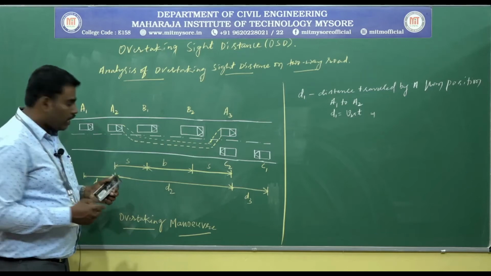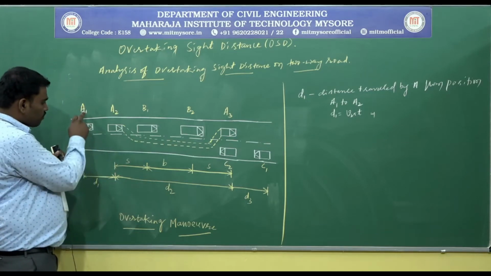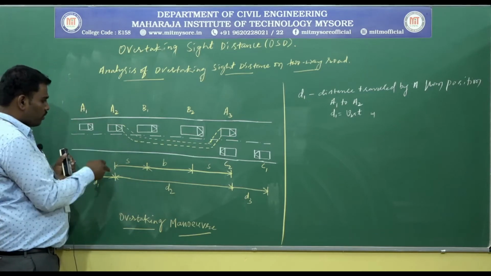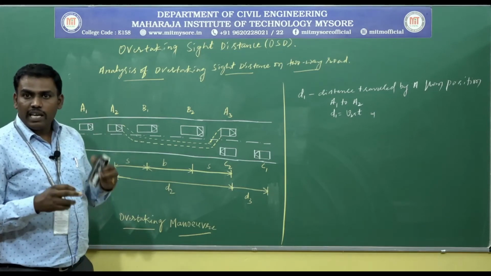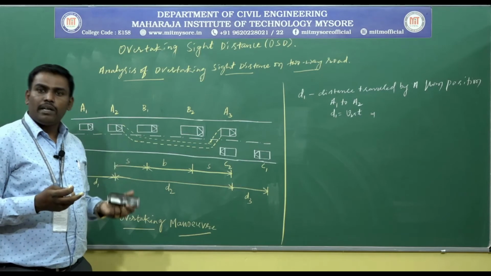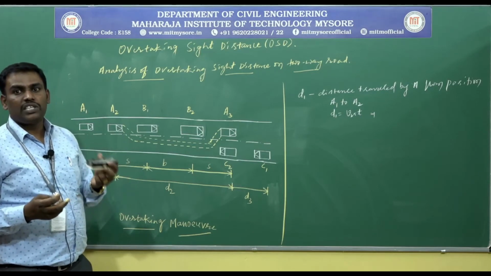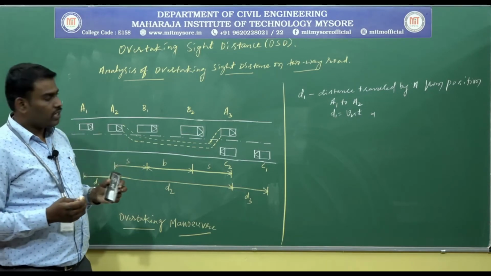Is it clear? See here, from position A1 to A2, vehicle A travels at the speed of VB meters per second during the reaction time t seconds. We know the reaction time.